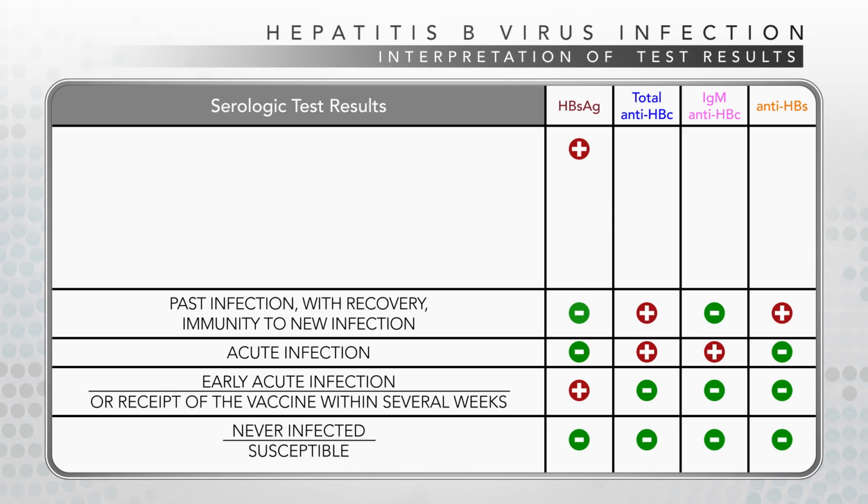Positive HBsAg and total anti-HBc with IgM anti-HBc and anti-HBs negative indicates chronic infection.